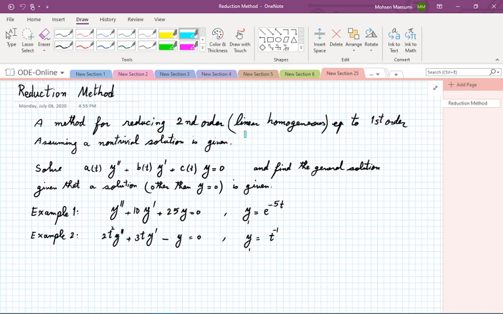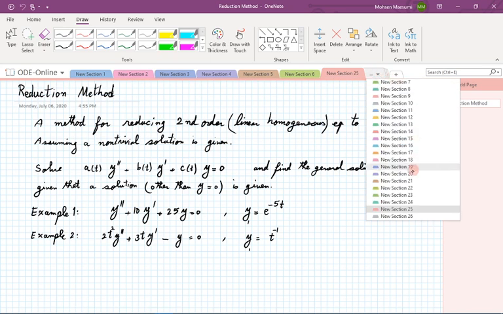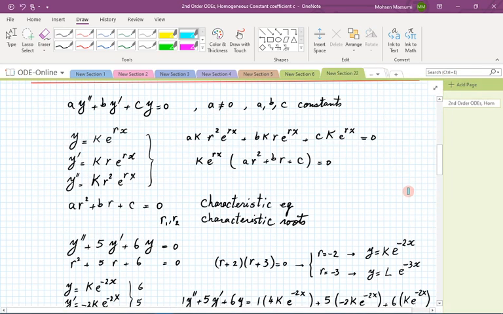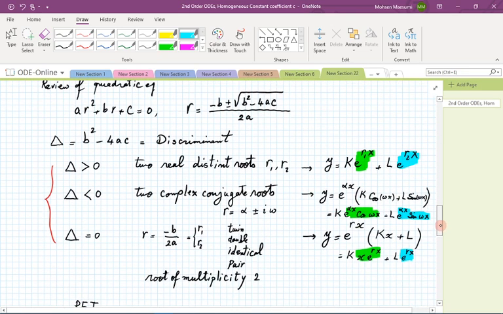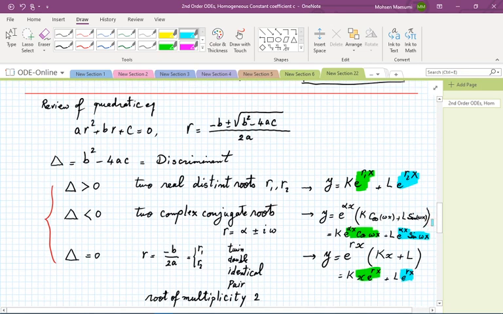So you might be asking, what do you mean by a solution? Let's go back to one of the lectures we had a couple of days ago. Remember we talked about solving a constant coefficient second order equation. That was rather easy. We made a classification for it. We had something called the discriminant, and based on what the discriminant was, we had three possibilities.